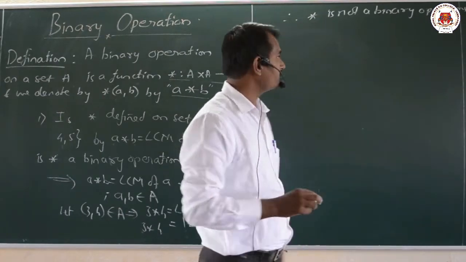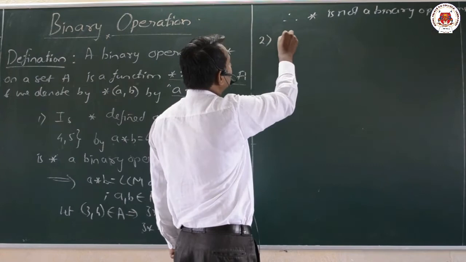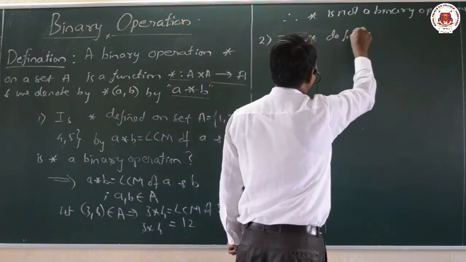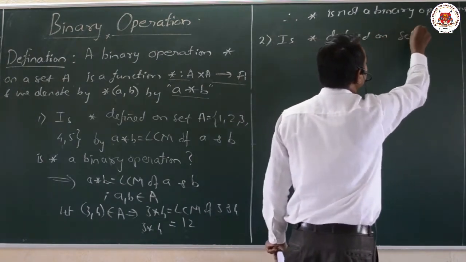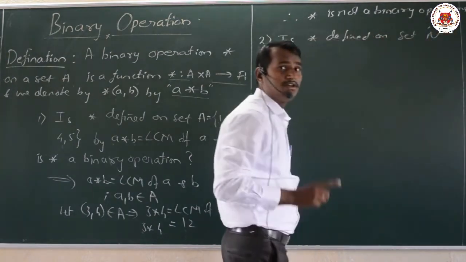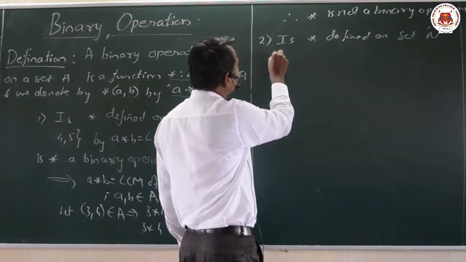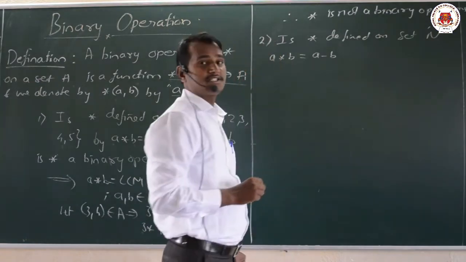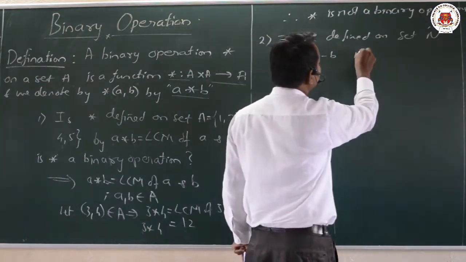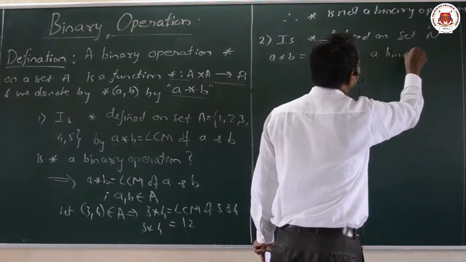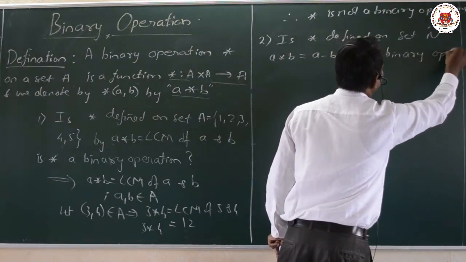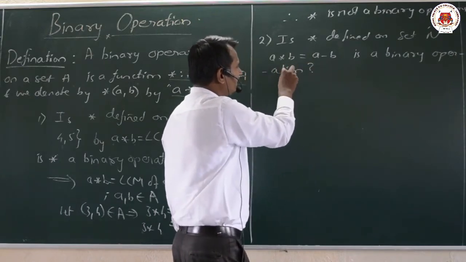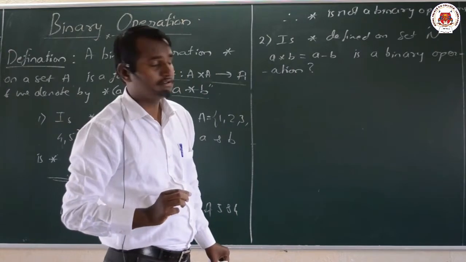For example, the second one I will take is star defined on set N, the set of all natural numbers, defined by A star B equal to A minus B. Is A star B equal to A minus B a binary operation? Let us justify whether it is a binary operation or not.